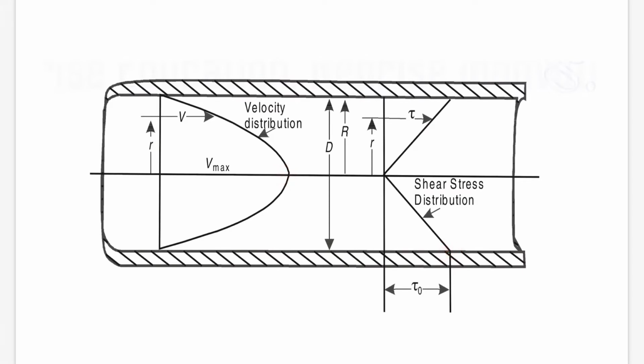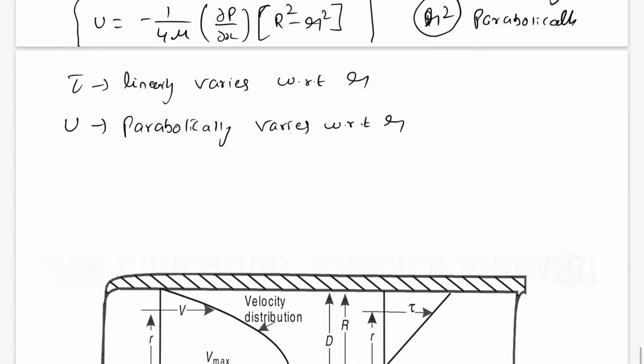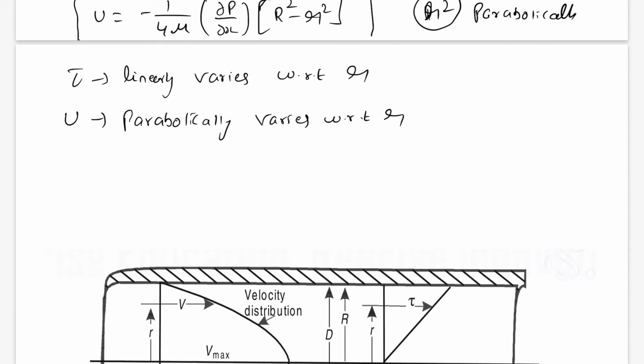So velocity and shear stress, their maximum values won't be at the same point. For velocity, the maximum will be at the center. At the center, what is the value of small r? It is 0.